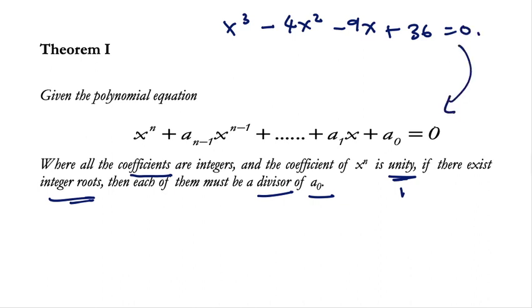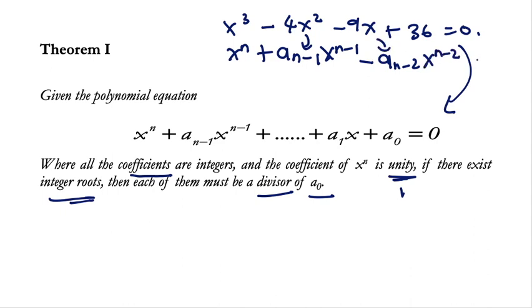If we use generalization here, this x cubed is actually x^n plus a_(n-1) x^(n-1), minus a_(n-2) x^(n-2), and then plus a_0 equals 0.